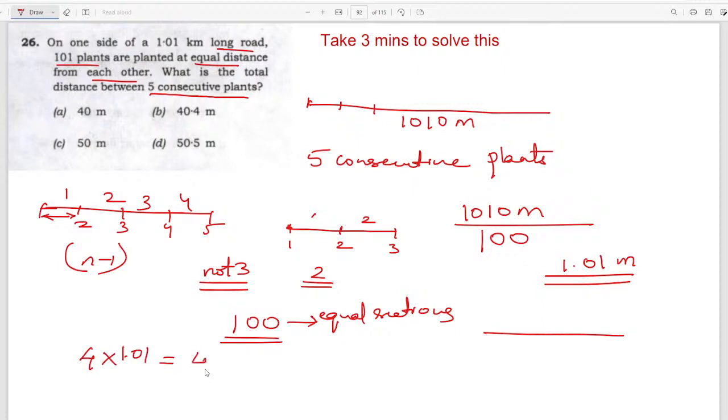Sorry, 1010 divided by 100 is 10.1 meters, and multiplying it with 4, you will get 40.4.